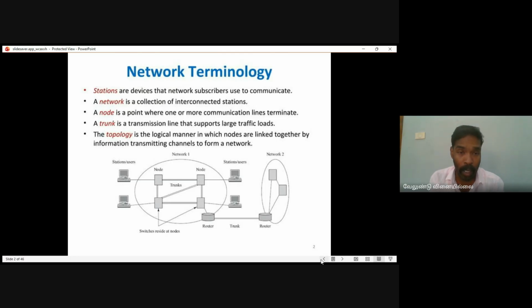Node means the point where one or more communication lines terminate. Trunk is a transmission line that supports large traffic loads. Topology means the logical way the nodes are interlinked to each other for transmitting information. So these are the terminologies: station, network, node, trunk, and topology.